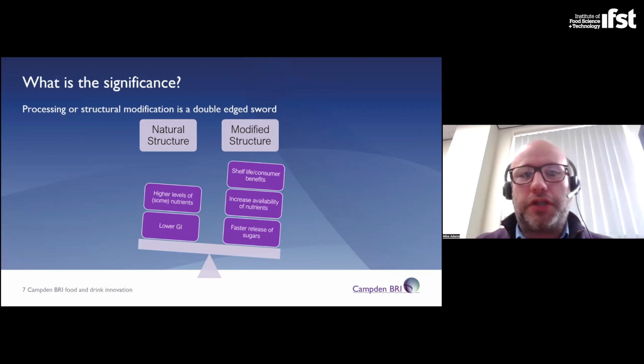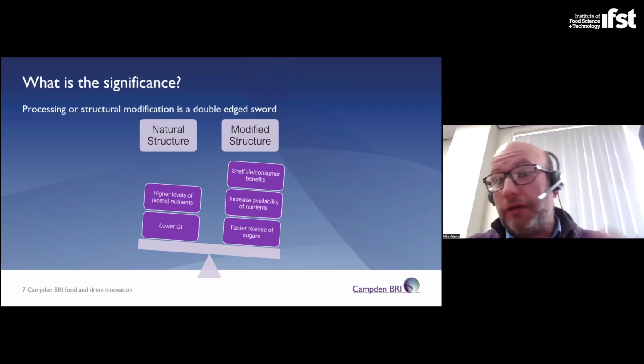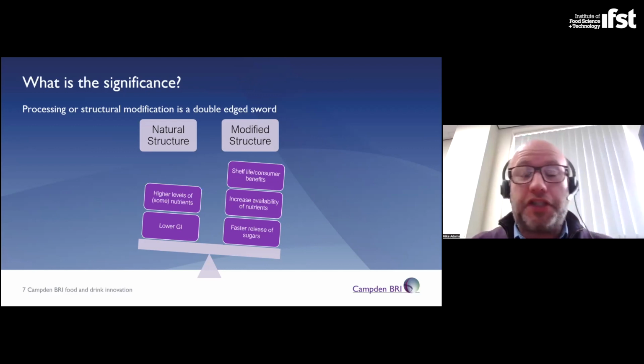In the natural structure, you've sometimes got a higher level of nutrients because they've not been destroyed during the processing, and often a lower glycemic index. However, in the modified structure, you have things like shelf life benefits, consumer benefits, a more appealing structure, the ability to use the product or ingredient in other formulations, and often an increase in availability of some nutrients.